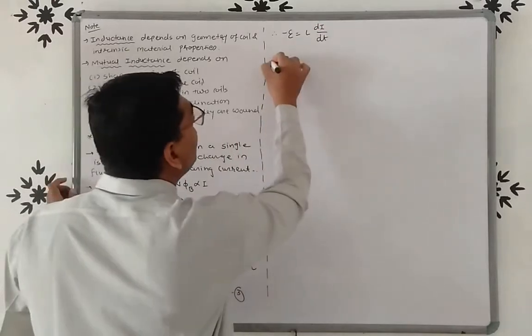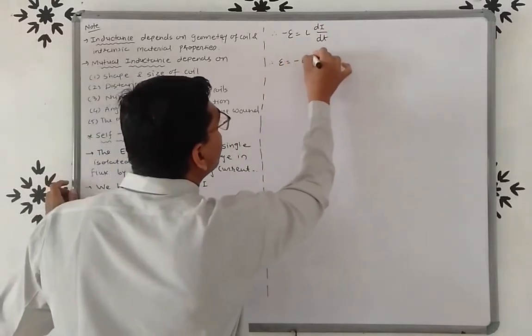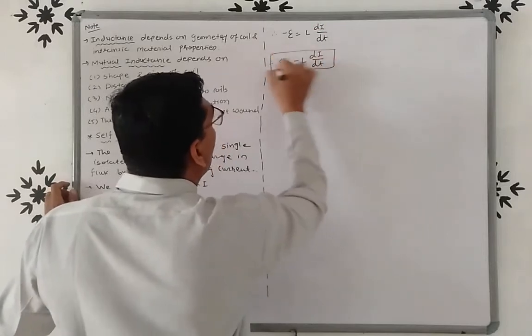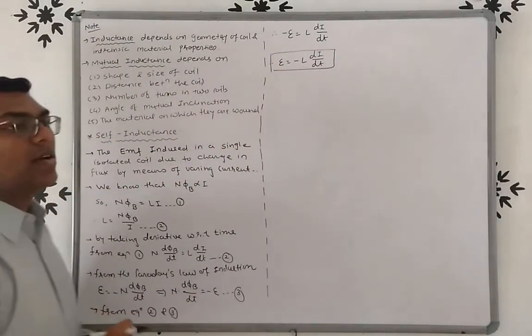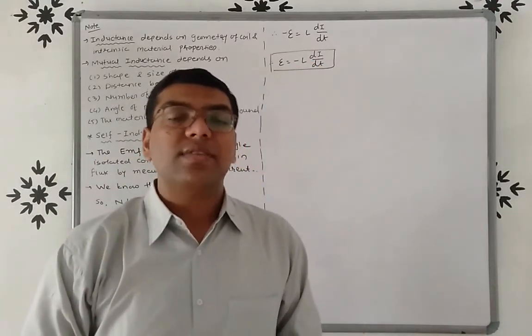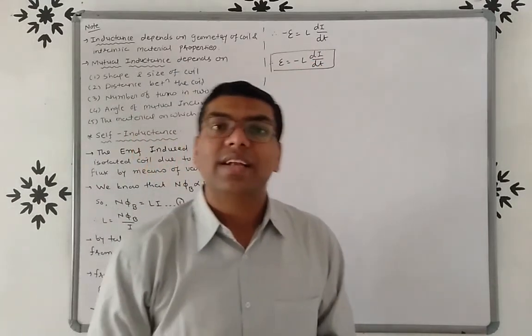So E is equal to minus L di by dt. So the equation of EMF in terms of self-inductance is EMF equal to minus L di by dt.